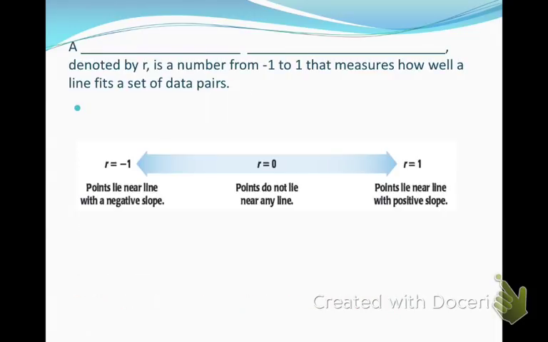Now, so far that should just be a review of previous content, but something you may not have heard of before is a correlation coefficient. This variable, we usually use an R to represent it, is a number between -1 and 1. And what it does is it measures how well a line of best fit actually fits a set of data pairs.